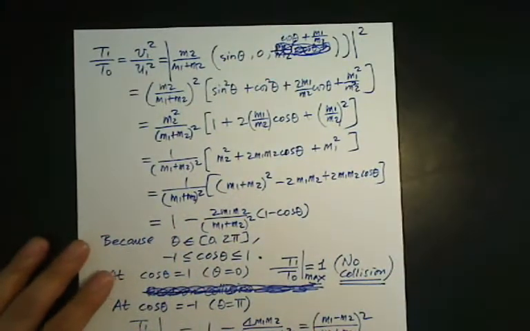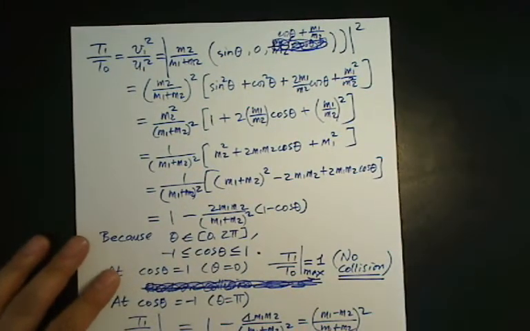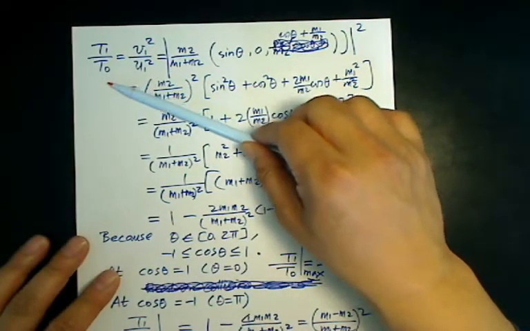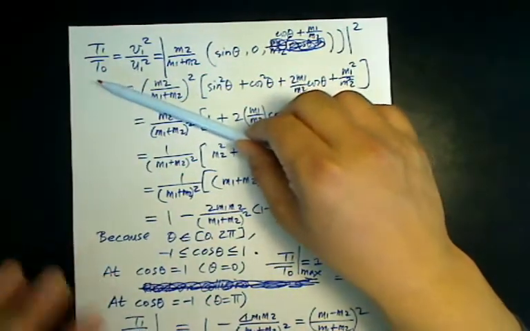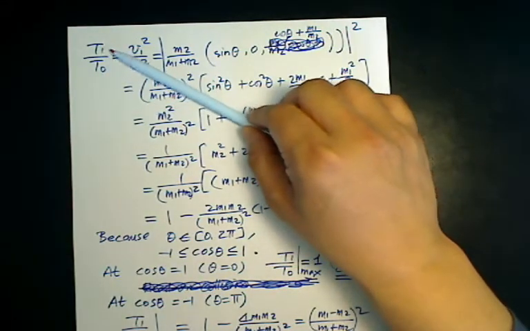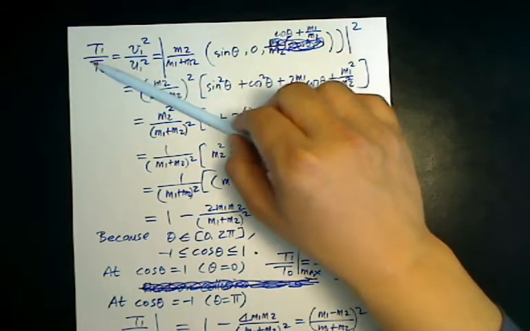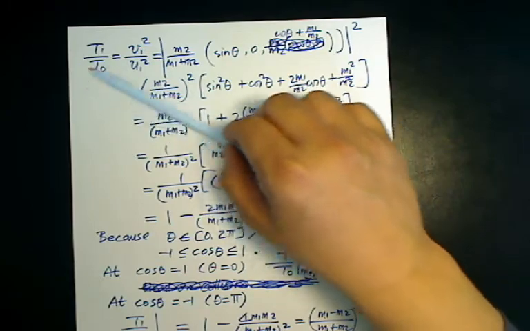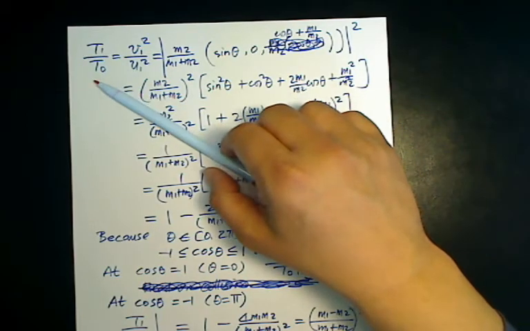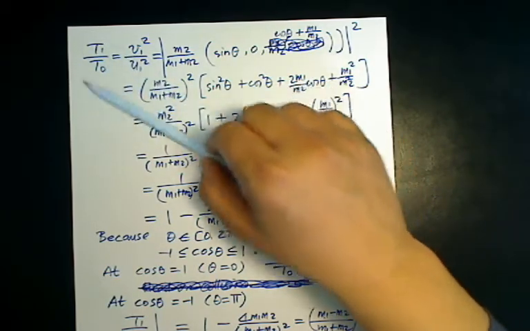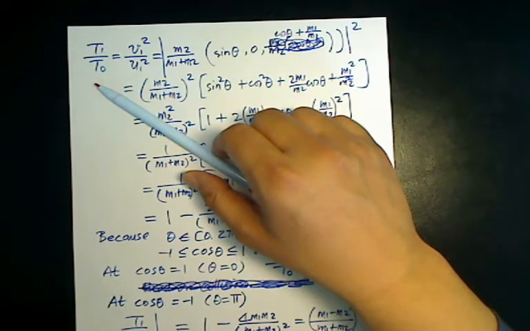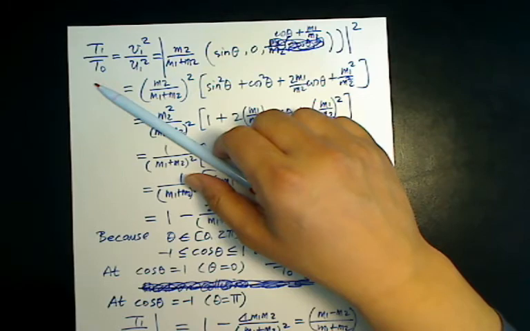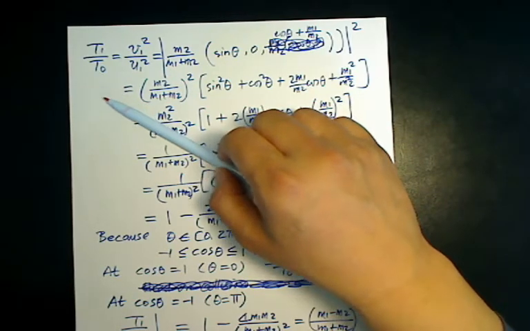Next, we consider the scattered particle's kinetic energy over the initial kinetic energy. This ratio is the so-called incident particle's recoil energy ratio.